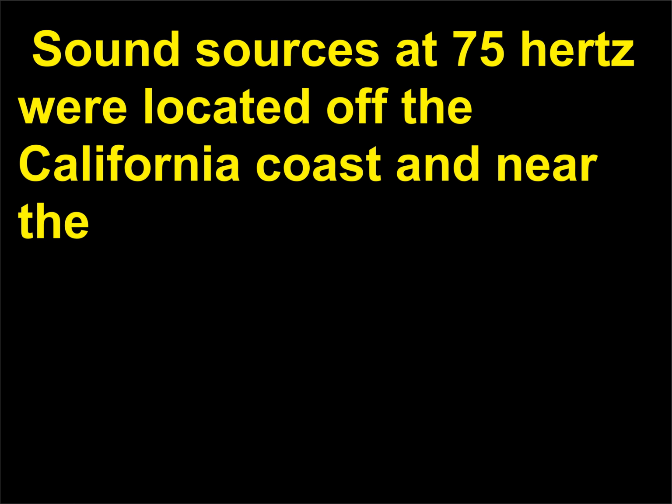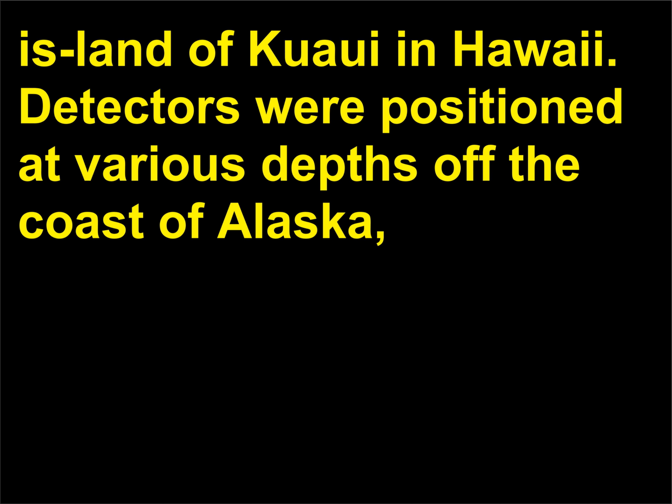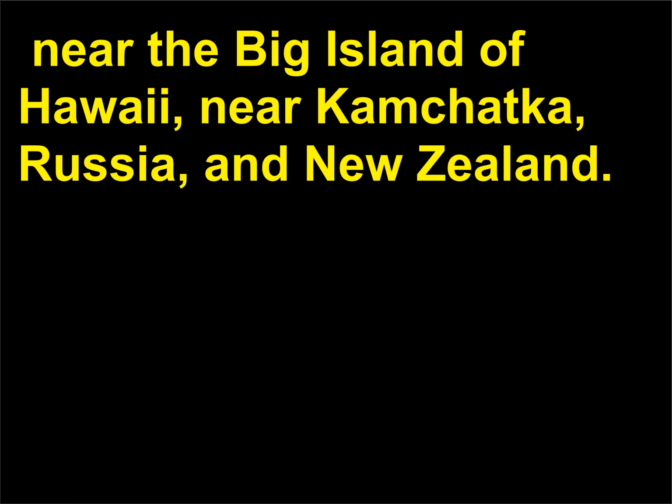Sound sources at 75 Hz were located off the California coast and near the island of Kauai in Hawaii. Detectors were positioned at various depths off the coast of Alaska, near the Big Island of Hawaii, near Kamchatka, Russia, and New Zealand.